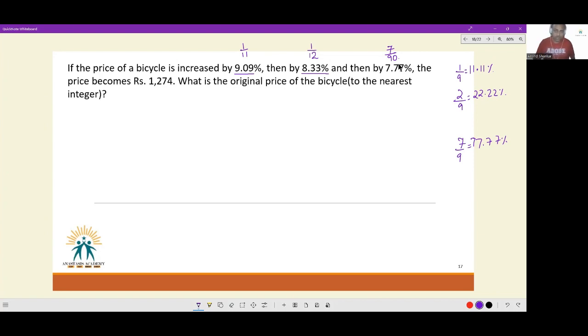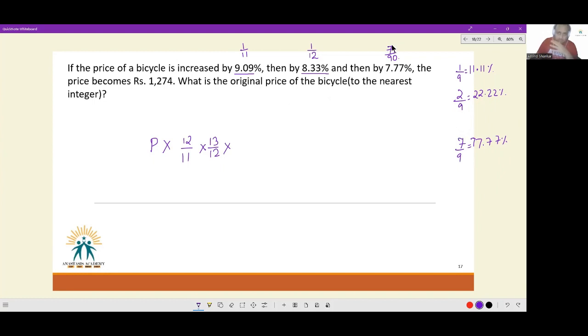And these are increases. So whatever the initial price was, if it has increased by 1 by 11, it has become 12 by 11 times of original. If it has increased by 1 by 12, it has become 13 by 12 times of original.